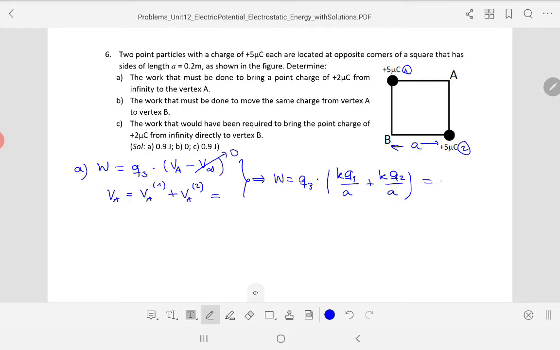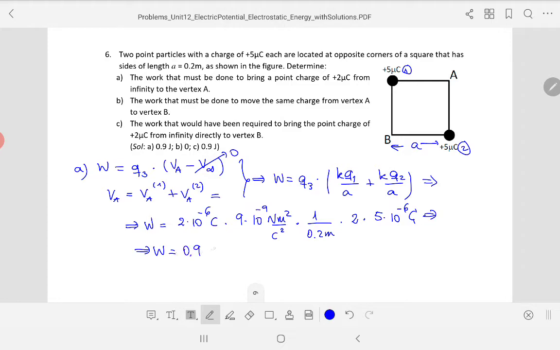So if we do the calculations, the work we have to do against the field is going to be 2 times 10 to the minus 6 coulombs times 9 times 10 to the 9 newton square meters per square coulomb times 1 divided by A, which is 0.2 meters, times 2 times 5 times 10 to the minus 6 coulombs. So this work is 0.9 joules.